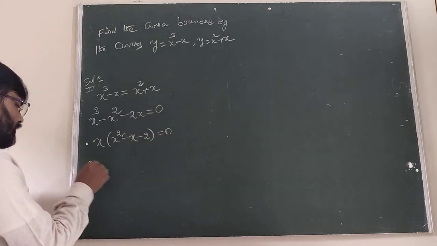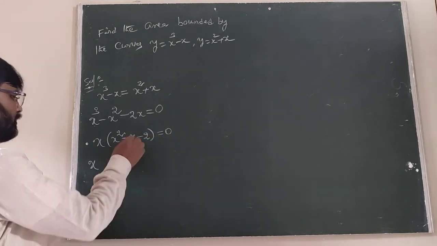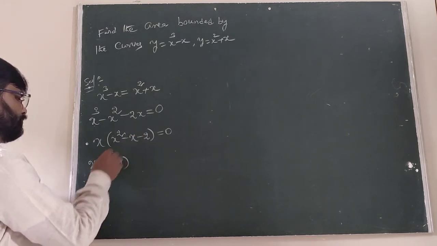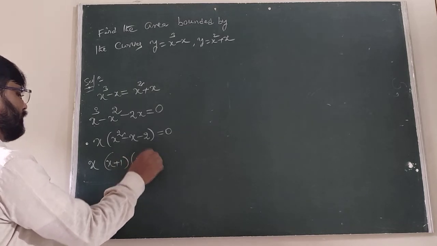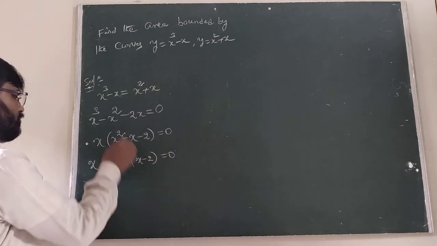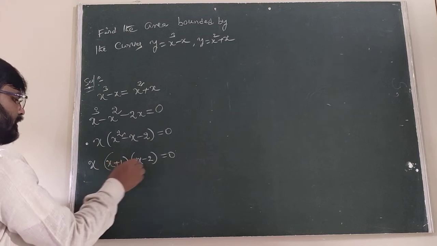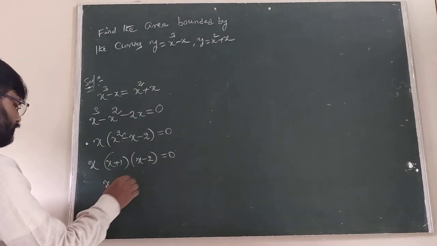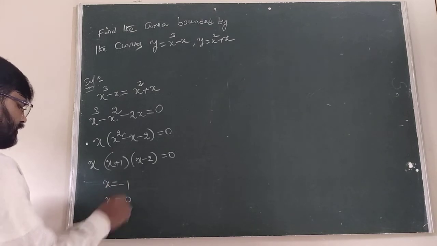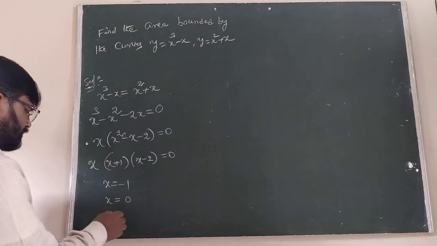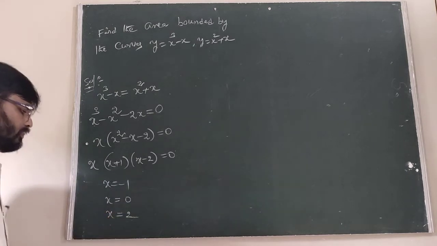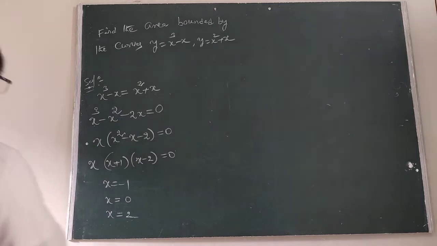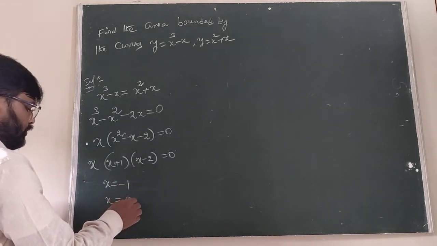The factors are x plus 1 into x minus 2, since x square minus 2x plus x is minus x. Therefore x equal to minus 1, x equal to 0, x equal to 2. These are the limits, the boundaries: minus 1, 0, 2.